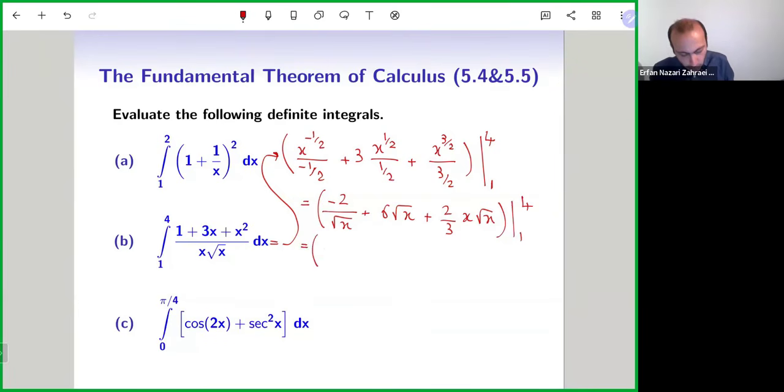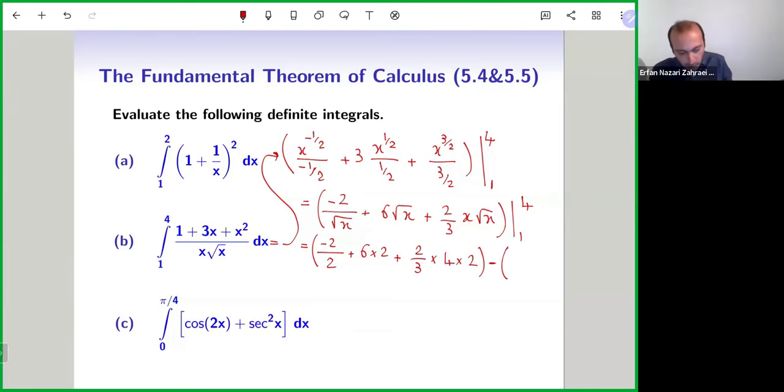When you plug in 4, you get negative 2 over root 4. Root 4 is 2. Plus 6 root 4. Root 4 is 2. Plus 2 over 3 times 4 times root 4, which is 2. Minus plug in 1.